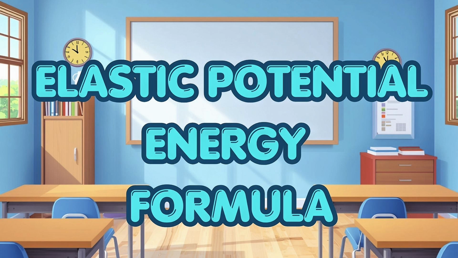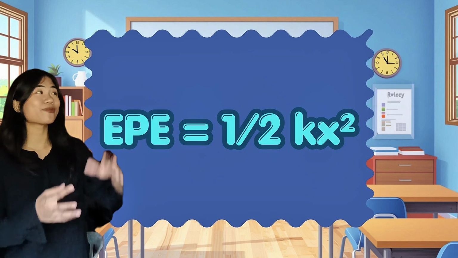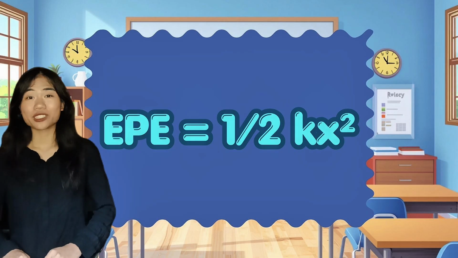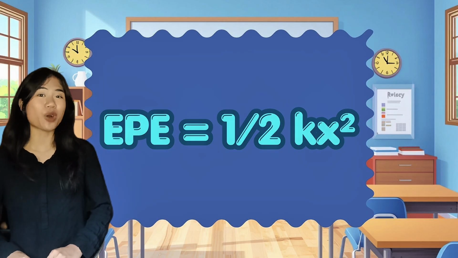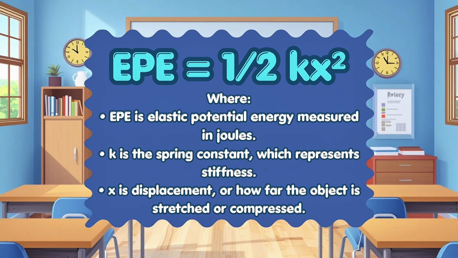Elastic potential energy formula. The formula of elastic potential energy is EPE equals 1/2 kx squared, where EPE is elastic potential energy measured in joules, k is the spring constant which represents stiffness, and x is displacement, or how far the object is stretched or compressed.